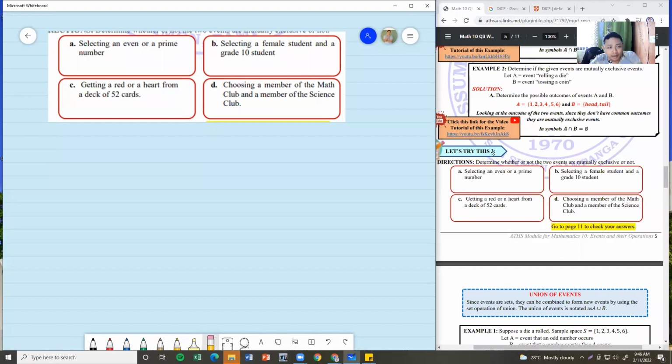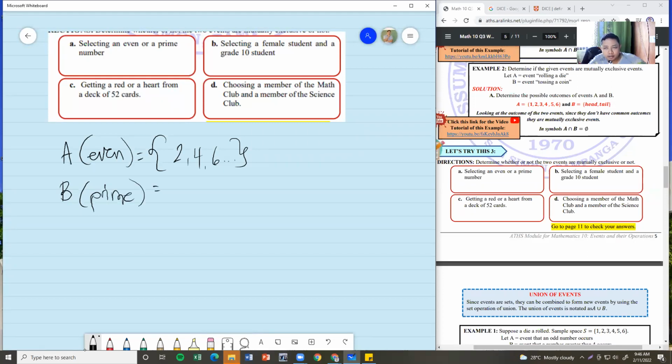Well, that's correct. Why? What are the even numbers for our event A? Even numbers are those are 2, 4, 6, etc. And for the event B, which are the prime numbers, we always start with what number? Prime numbers are numbers that are divisible by itself and 1 only.